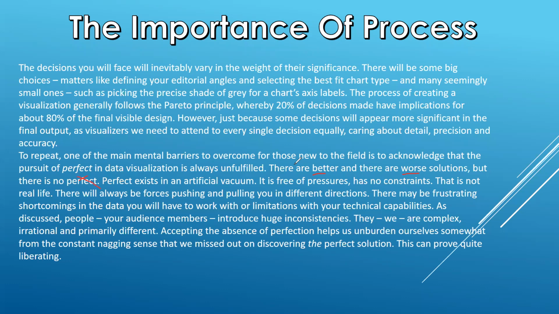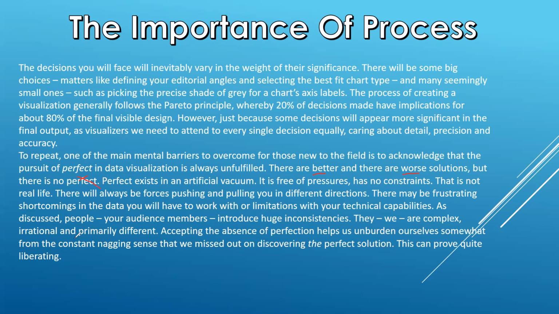Perfect exists only in an artificial vacuum. It is free of pressures. It has no constraints. That is not real life, as you know, in every kind of thing that you do. There will always be some kind of forces pushing and pulling you in different directions. There may be frustrating shortcomings in the data that you will have to work with, or limitations with your technical capabilities.